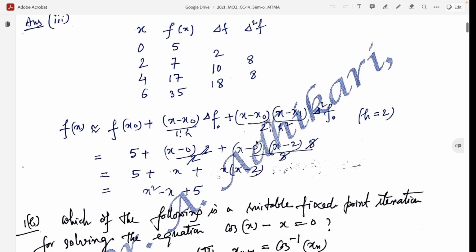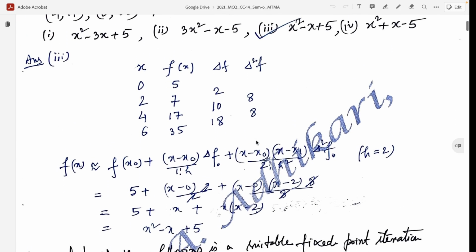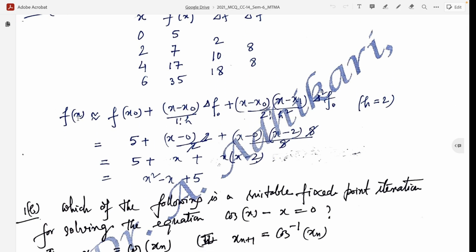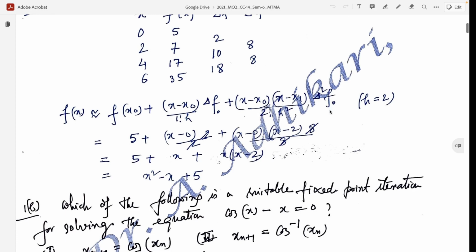So Newton's forward difference formula gives f(x) approximately equal to f(x0) plus (x minus x0) by factorial 1 into h times delta f0, plus (x minus x0)(x minus x1) by factorial 2 h square times delta 2 f0.